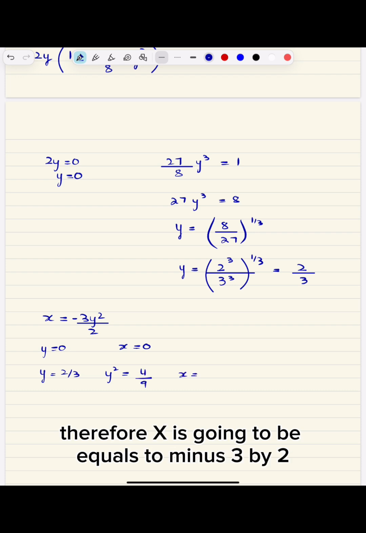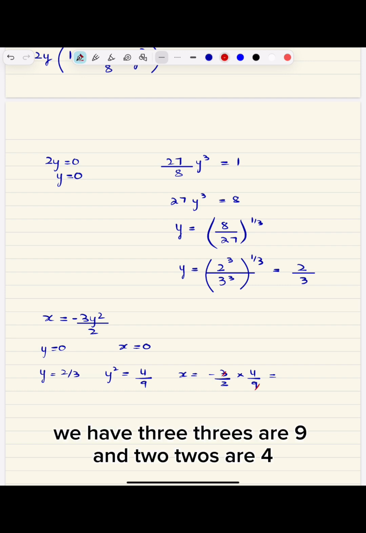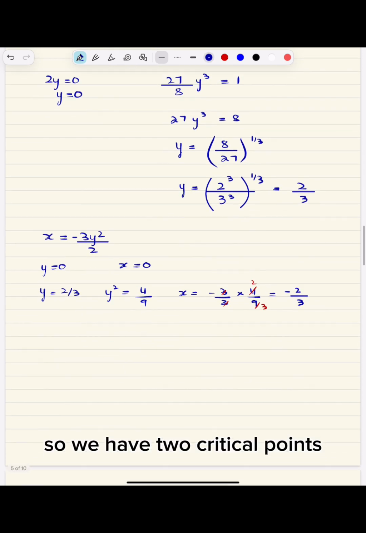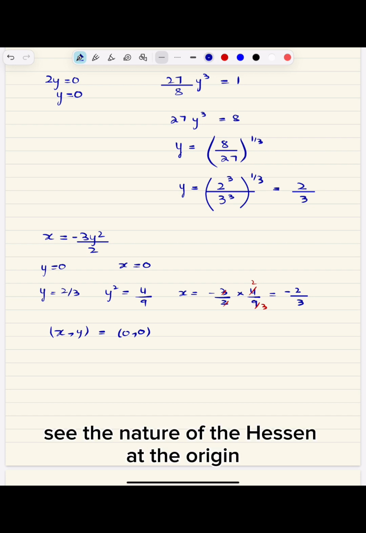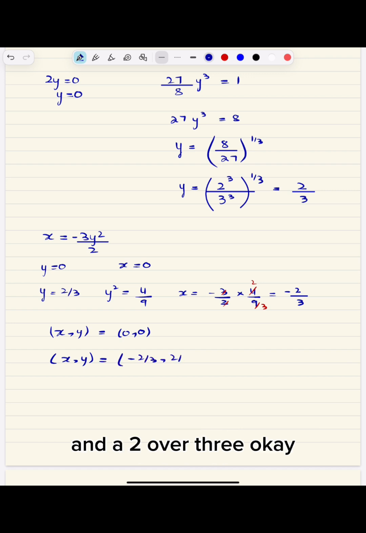Therefore x is going to be minus 3 by 2 multiplied by 4 over 9, which is basically 3 threes are 9 and 2 twos are 4. So we have minus 2 by 3. So we have two critical points. One critical point is the origin, so we'll need to see the nature of the Hessian at the origin. And the next one is minus 2 over 3 and 2 over 3.